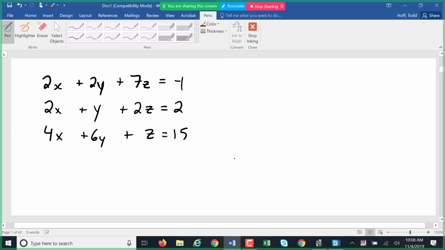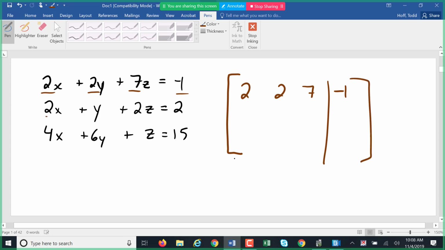So we need to create our matrix. It's going to be an augmented matrix. So we've got 2, 2, 7, and negative 1. 2, 1, 2, and 2. 4, 6, 1, and 15.